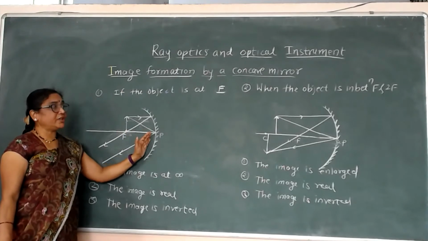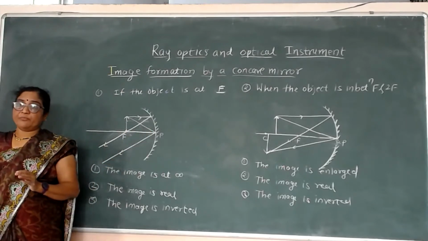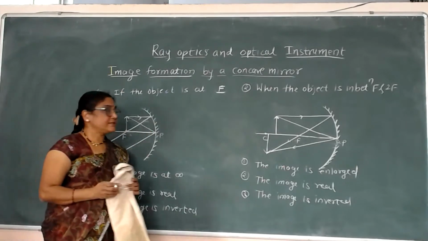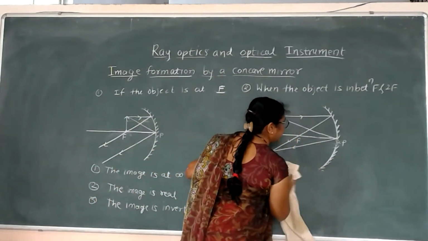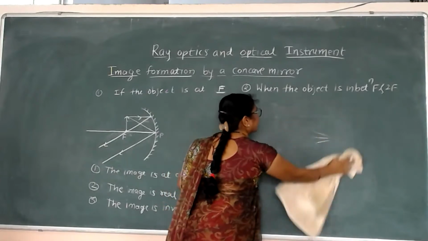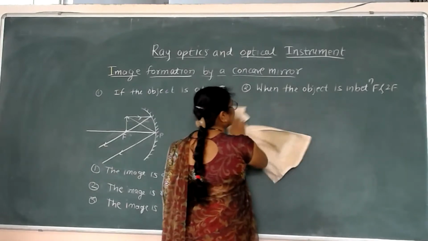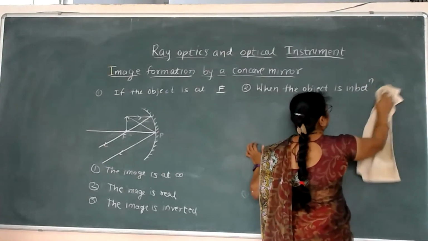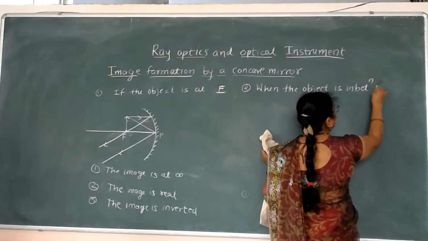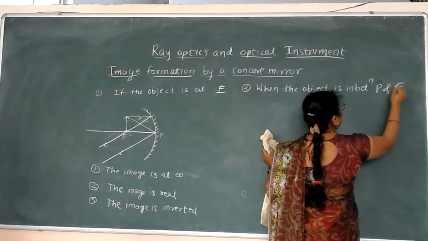But when the object is situated in between pole and the principal focus, see what type of image is formed.